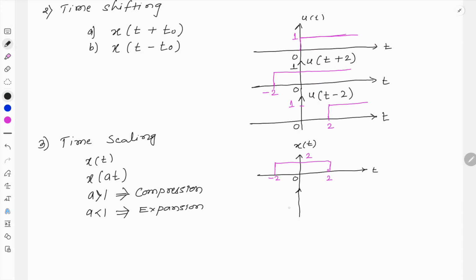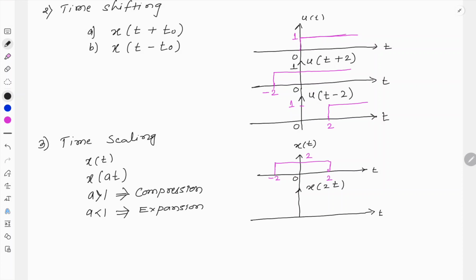Now let's say I need to find out the next signal, which is x of 2t. Now remember here, whenever it is x of 2t, the scaling factor a is greater than 1, hence the operation is called compression.